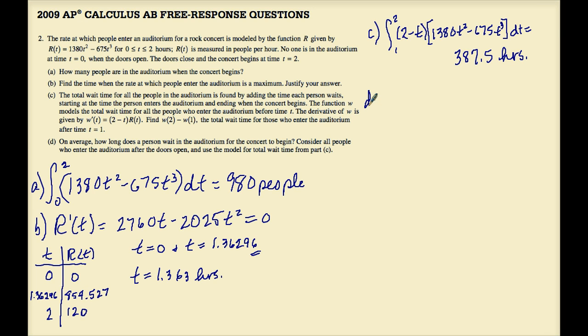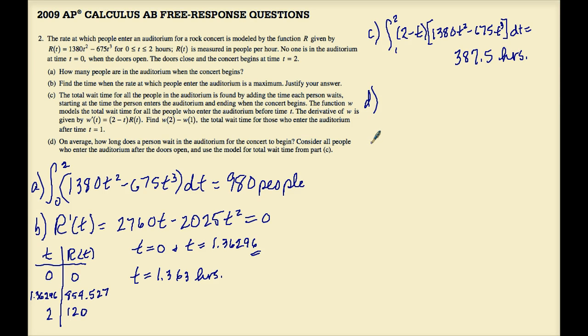Letter D. On average, how long does a person wait in the auditorium for the concert to begin? Consider all people who enter the auditorium after the doors open and use the model for total wait time from part C. So now we're going to use this rate function integrated from time 0 to 2 to get the total wait time of all of the people who entered the auditorium from time t equals 0 to time t equals 2.